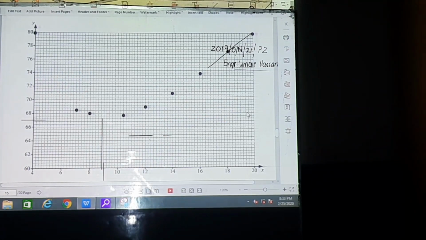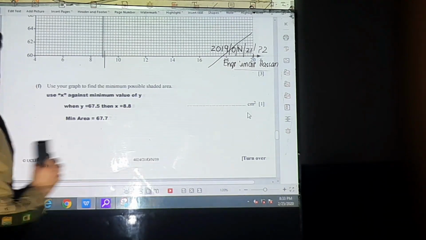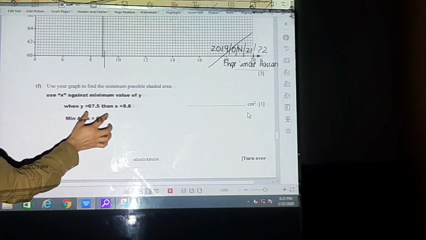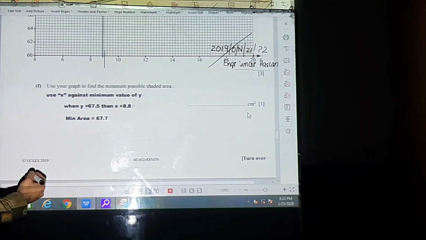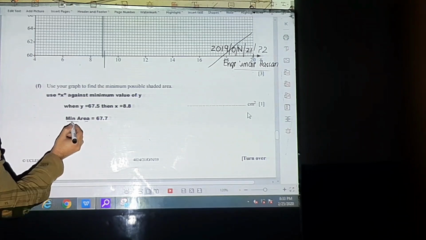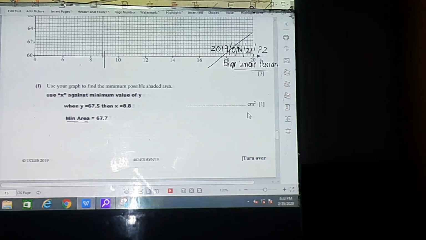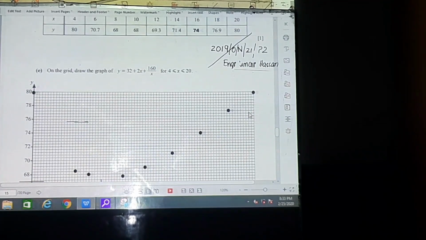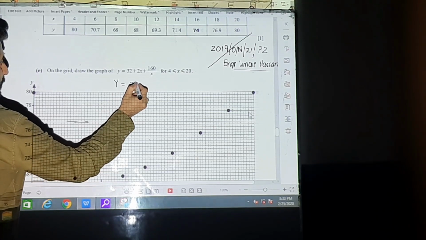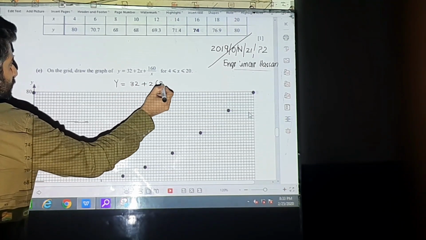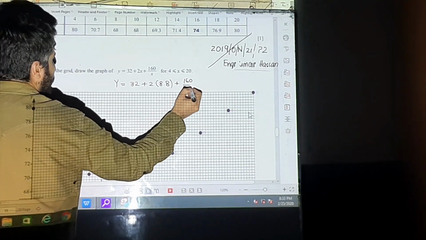So when x is 8.8, using the equation for the area from here, y equals 32 plus 2 into 8.8 plus 160 over 8.8.